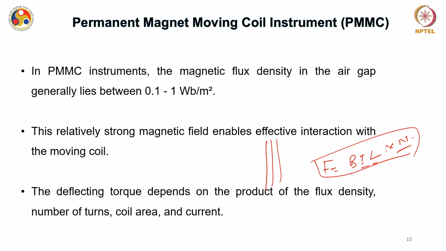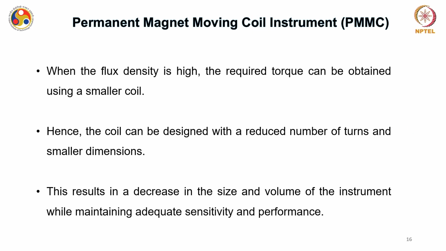From our previous studies, we know that this is the force experienced by a current carrying conductor. So this is the kind of force that this coil is going to experience. I am multiplying this with N because the number of turns will matter a lot. So when the flux density is high, the required torque can be obtained using even a small coil.